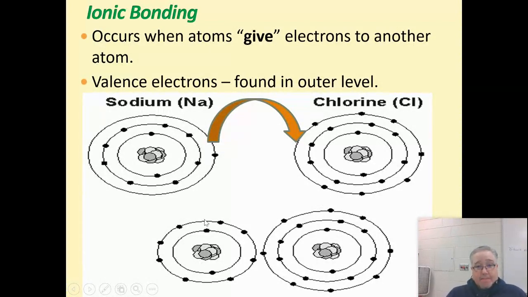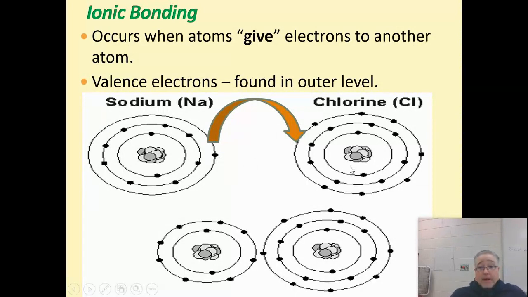Now, before I get into the bonding, here's a term called a valence electron. Valence electrons are not just any electron. They're electrons that are in the outermost level, or the outer shell, or the outer orbital, we call that. So think about sodium. Sodium has 1 valence electron.